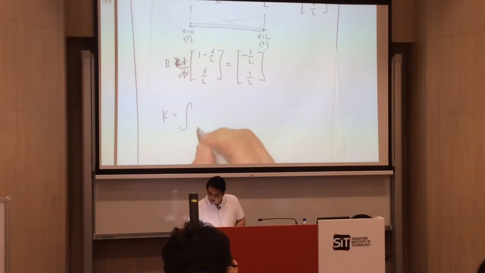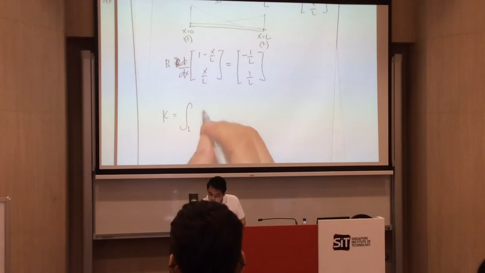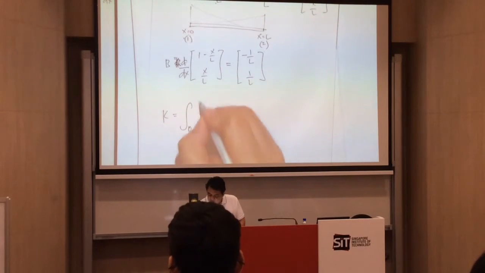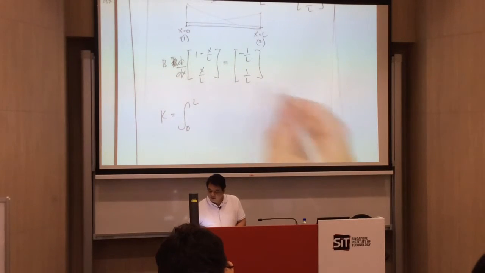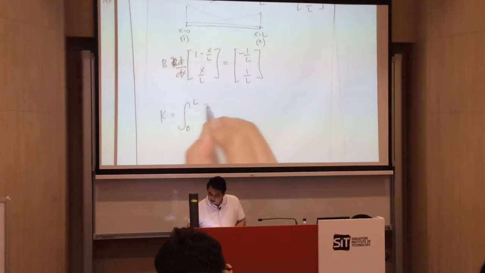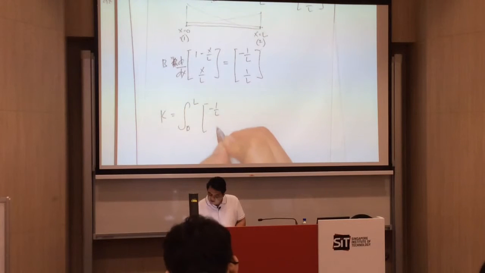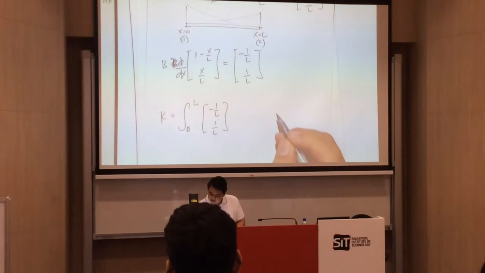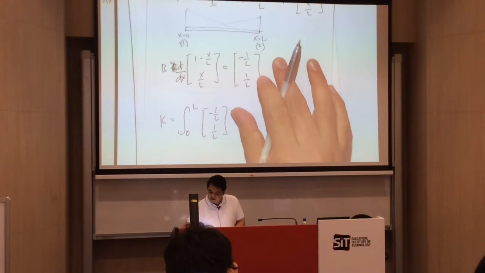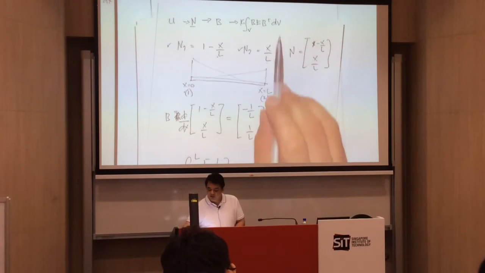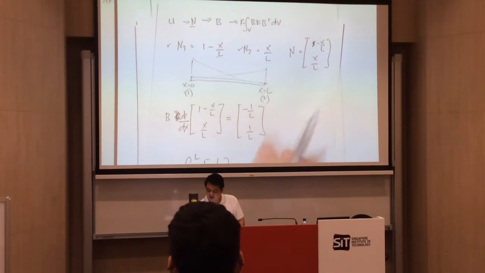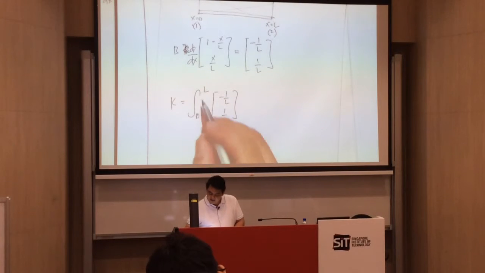That will be the integral from 0 to L. So this one now will be 1 all over L, 1 all over L. Let me bring out EA.